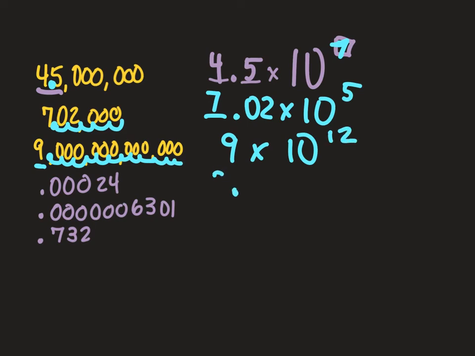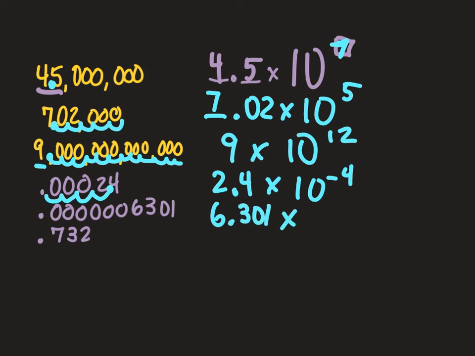I need one number in front of the dot, which would be 2. That means 4 is behind the dot, times 10. If I put the dot between the 2 and the 4, it takes 1, 2, 3, 4 hops left to get to that number, so -4. 6 point, the rest of the digits, 301. Always a times sign, always a 10.